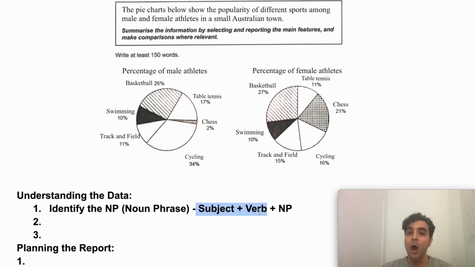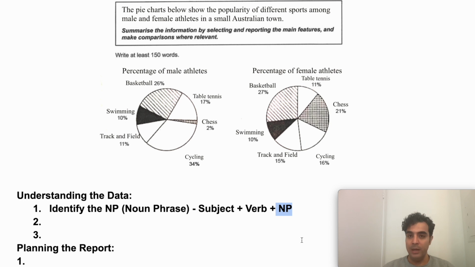Now, what do they show? This is very important. We need to see what the question is saying the data represents. So in this case, the noun phrase is the popularity of different sports among male and female athletes in a small Australian town.